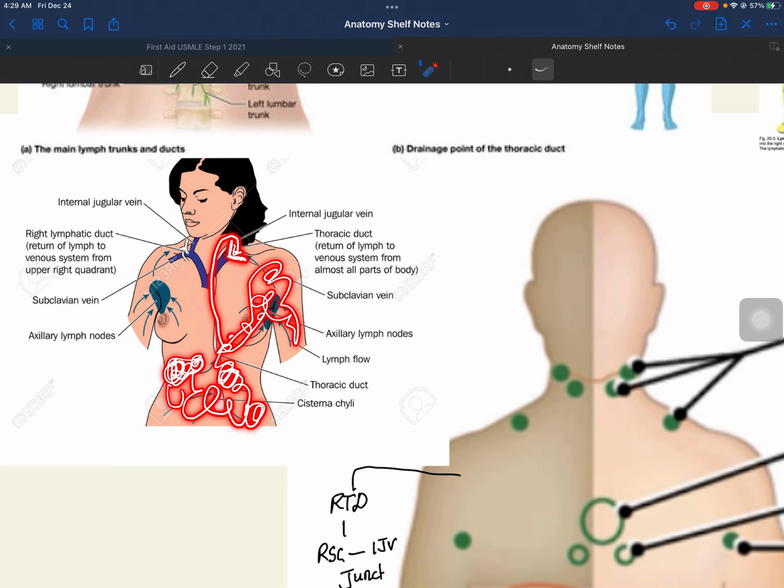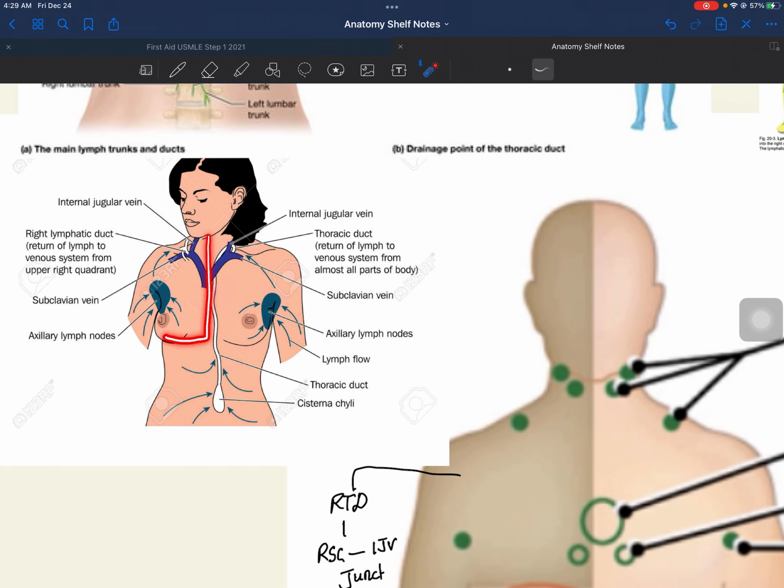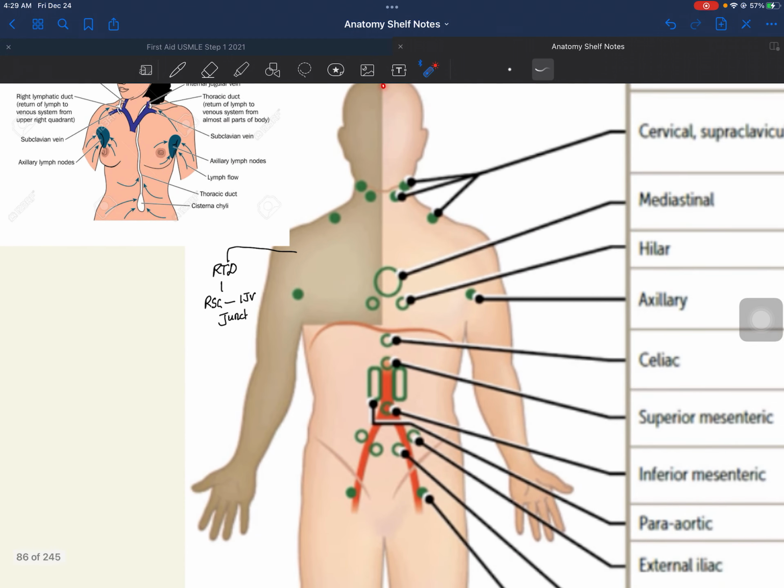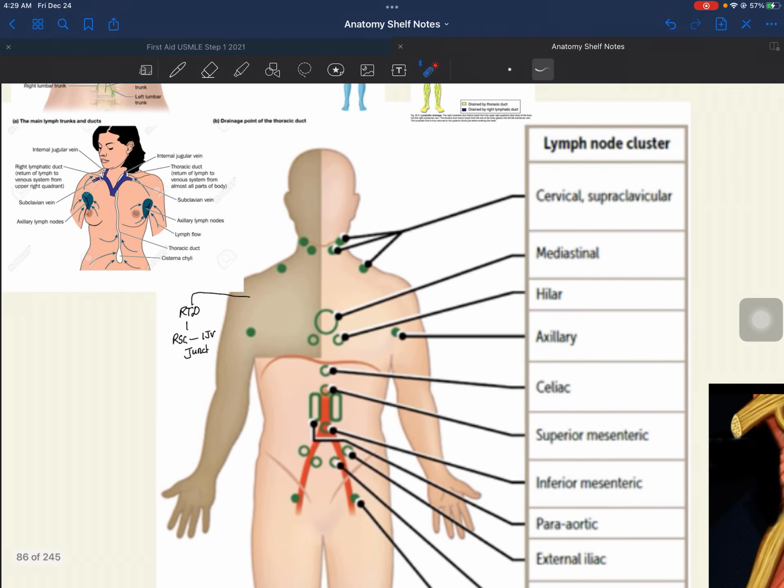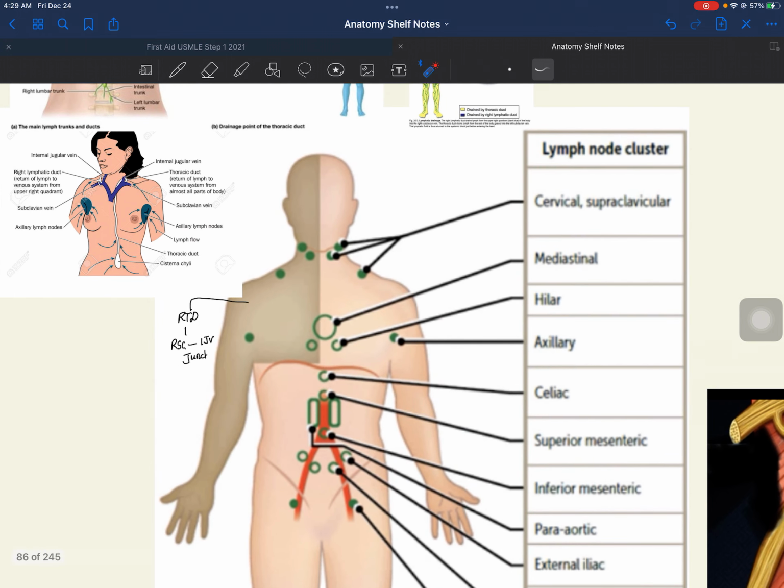This is the thoracic duct. But the right lymphatic duct is just going to drain this quadrant, which is coming from the arm, from the breast, and from the head on that side. This is what they're showing right here. This area here, that will be the right thoracic duct, no, not the right thoracic, the right lymphatic duct.